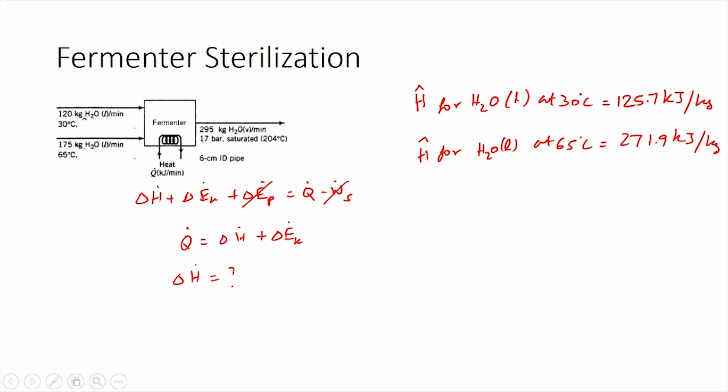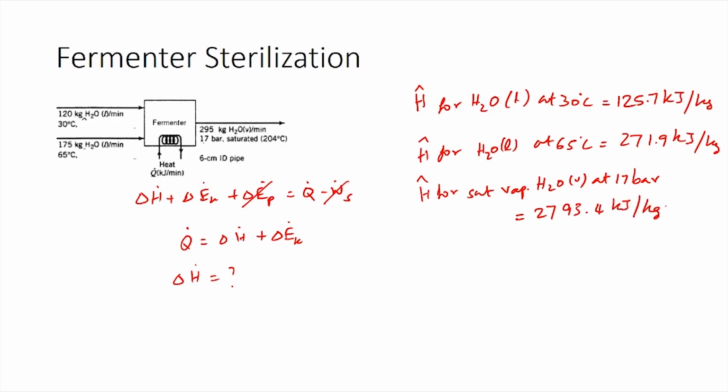Looking at the saturated steam tables, we get the specific enthalpy for saturated vapor, which is water at 17 bar, as 2793.4 kilojoules per kilogram, and the temperature is 204 degrees Celsius. So, having these values, we can calculate delta H dot.